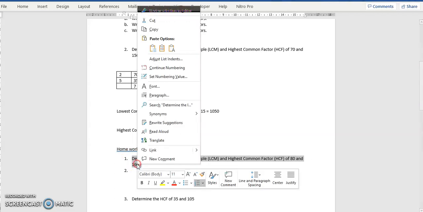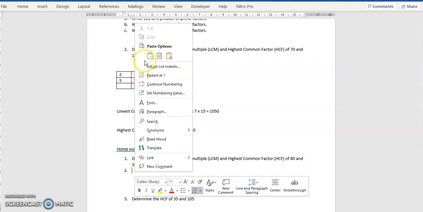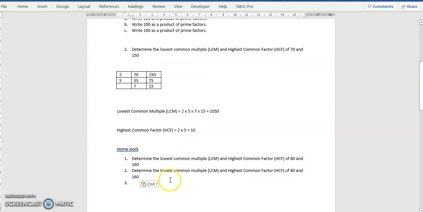Question number 2. Let me make this 90, and this one 30.